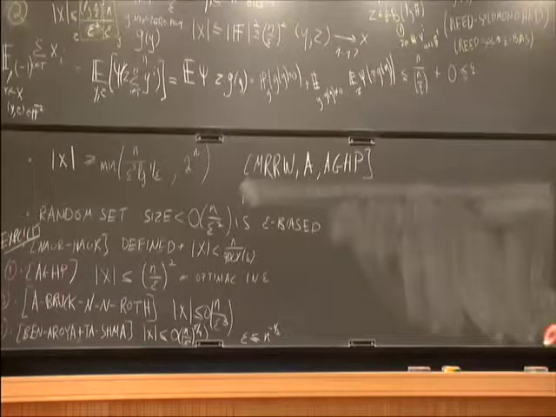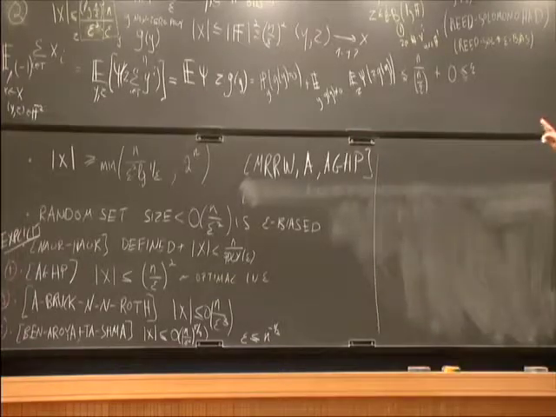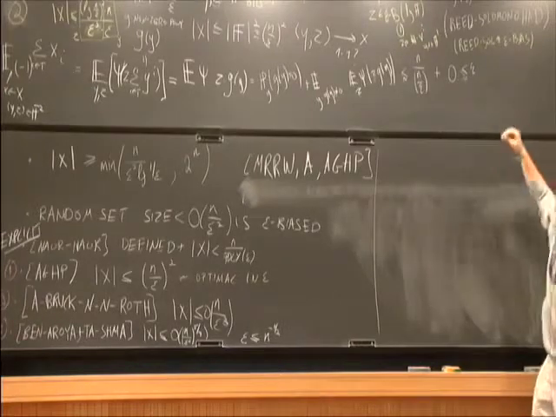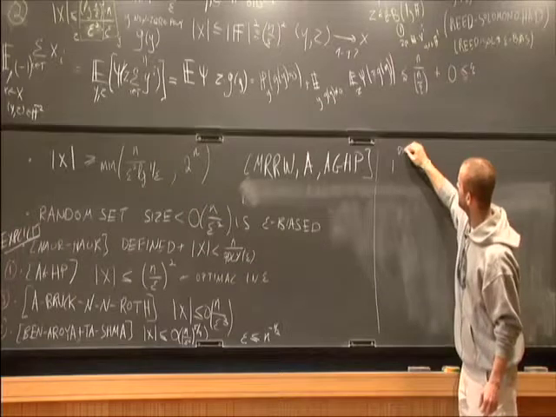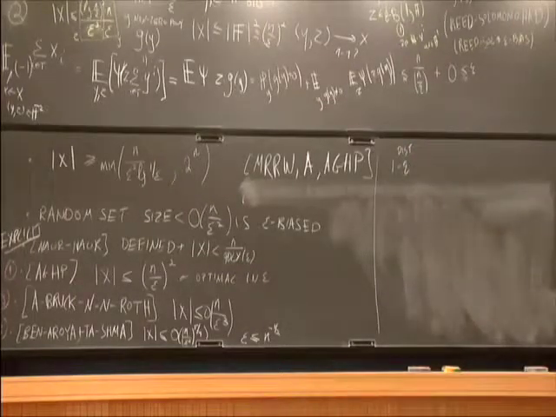Okay. So a higher level description of these two constructions in this language is: in the first construction, we took a Reed-Solomon code of distance 1 minus epsilon.